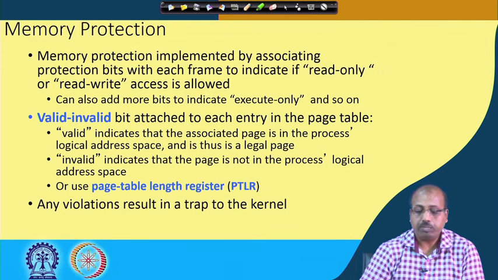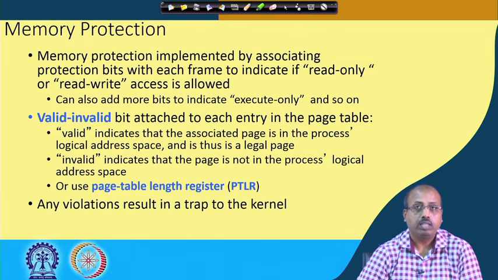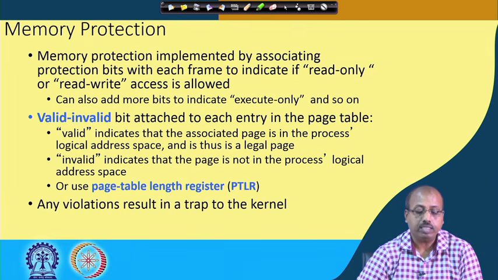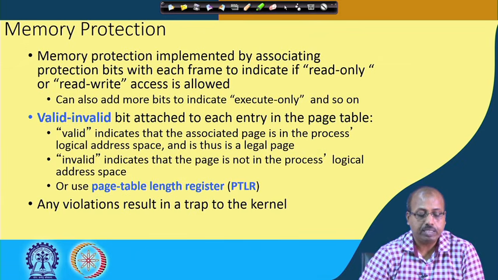Then this paging based mechanism also provides a procedure for memory protection. This is implemented by associating protection bits with each frame to indicate whether read only or read write access is allowed. Some of the pages we want to be read only, so nobody will be able to modify them, and some will be read write pages, where the pages may be modified.